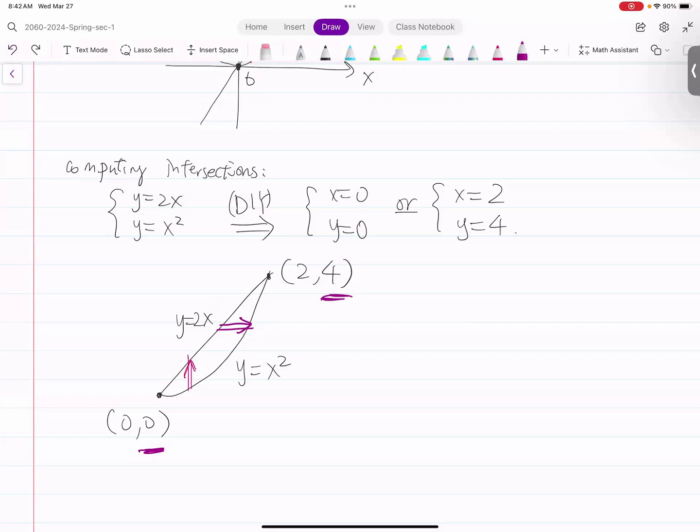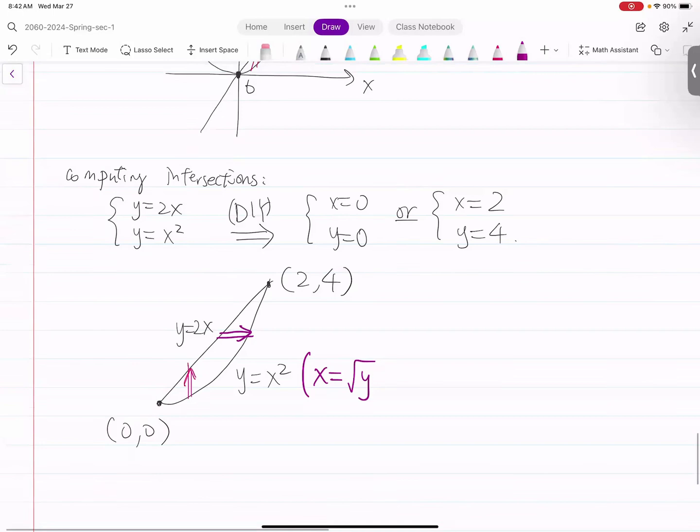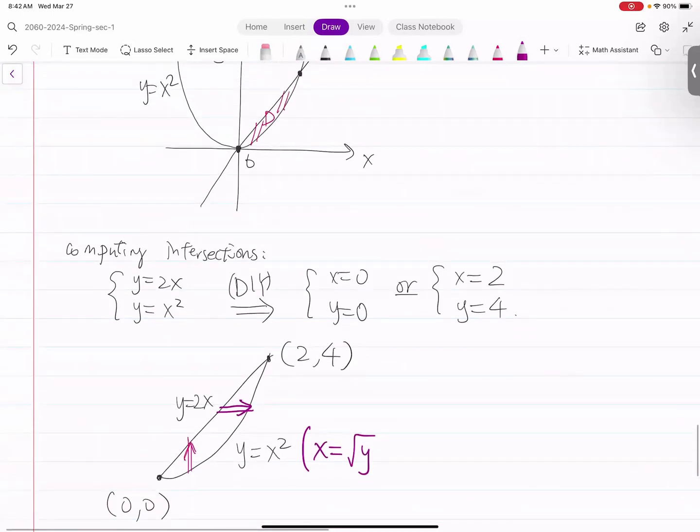So then you need to utilize the function equations to solve for x. Here x is the square root of y. And of course, when you take the square root, there's a positive and a negative. But the negative one is the negative root, which is not the one that we want.